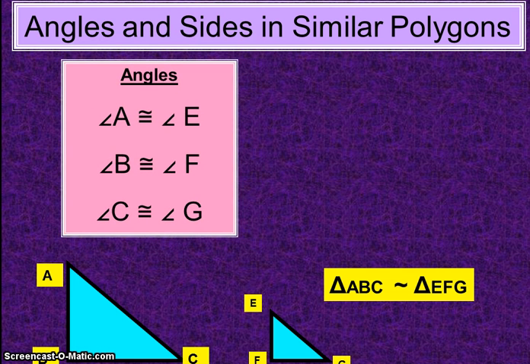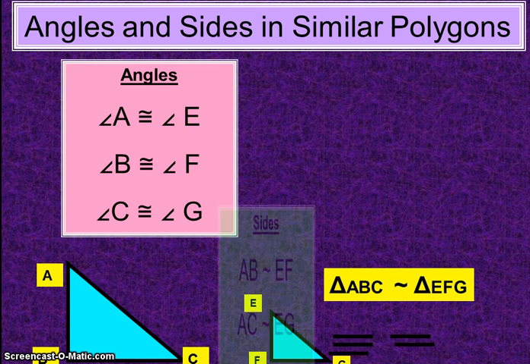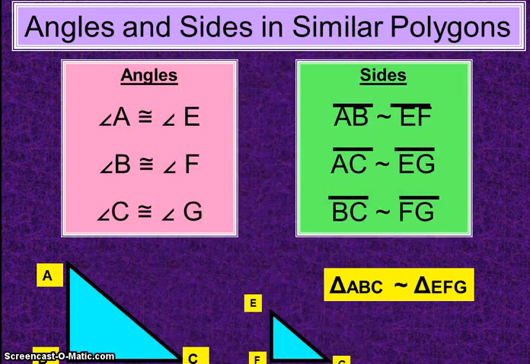When you're looking at triangles, triangles of course are polygons because they have straight lines and they're all connected through vertices. They're closed off. So all angles are the same. For example, angle A here would be equal to angle E over here.